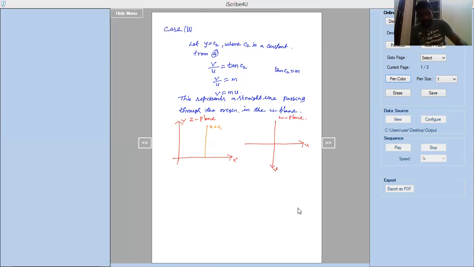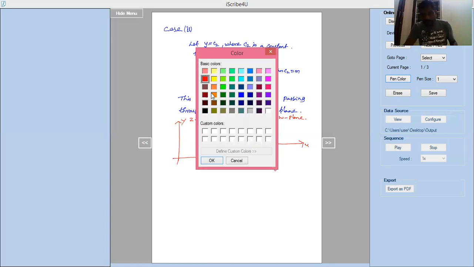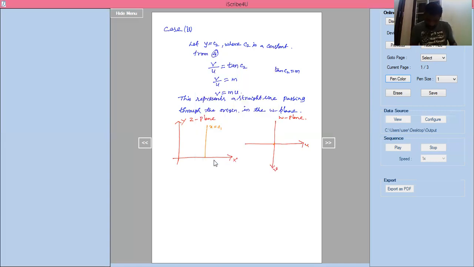When x equal to c1, it is a circle. Here is the center. It's a circle of radius r equal to e power c1. Understood? X equal to c1 converts into a circle like this, and the radius is r equal to e power c1.